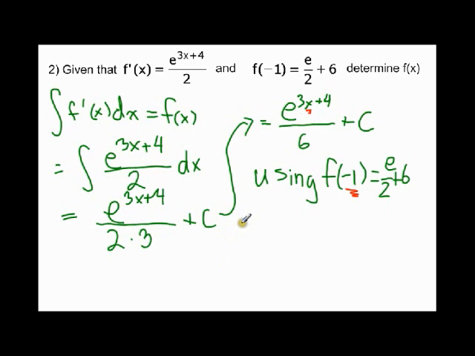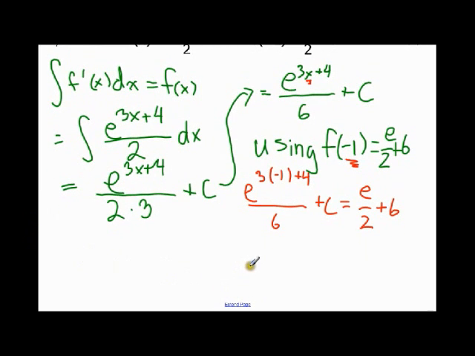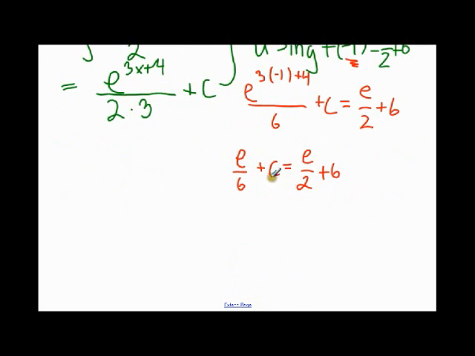So e to the 3 times -1 plus 4 over 6 plus c is supposed to equal e over 2 plus 6. So what that means is that e to the power of 1 over 6 plus c is e over 2 plus 6. Okay? So now I just have to isolate c, right?